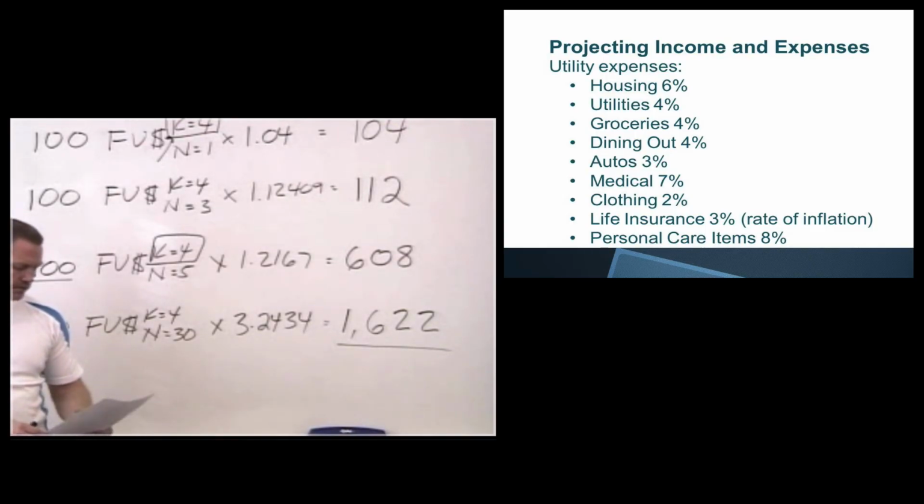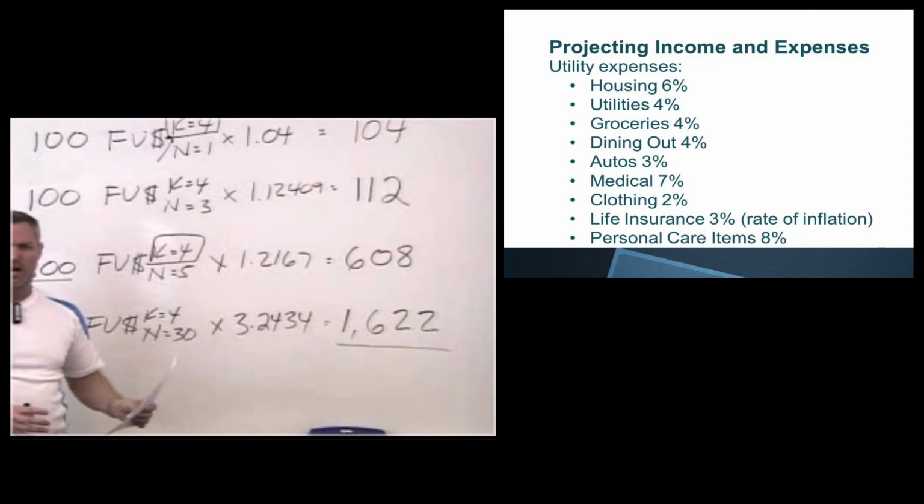Personal care items, laundry, cosmetics, very, very similar to groceries. The staples of personal care products, like a gallon of shampoo, a gallon of conditioner, incredibly cheap. It's going to stay cheap.